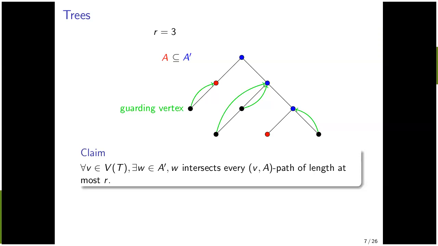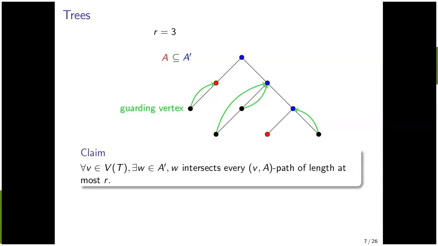And why is this true? Consider V such a vertex, and we take W to be the first vertex in A prime on the path from V to the root, if it exists, and otherwise we take it arbitrarily. Now if you consider some V-A path, the path between V and the vertex of A, it has a minimum for the relation where parents are smaller than children.